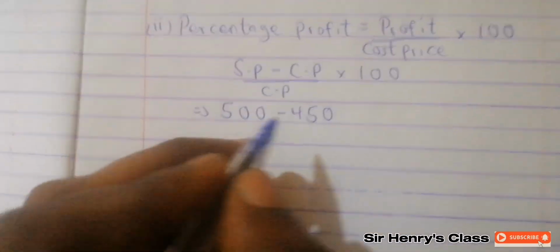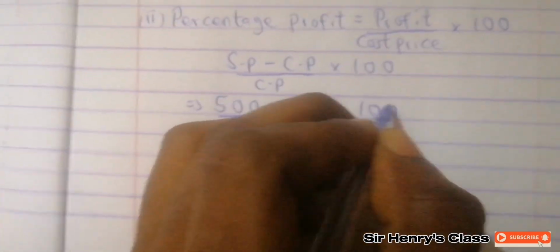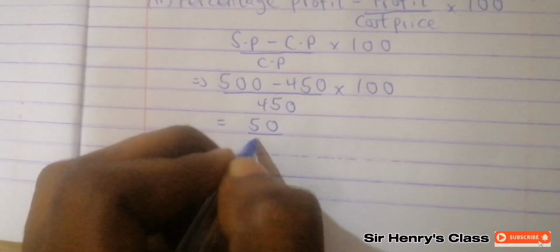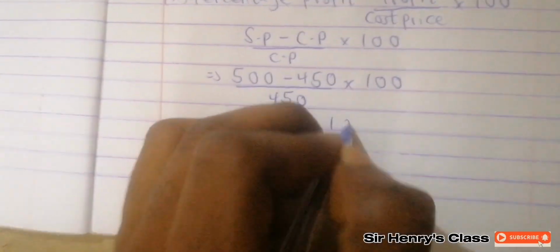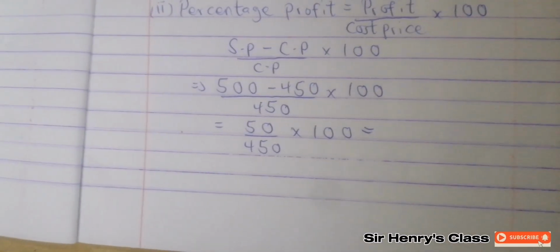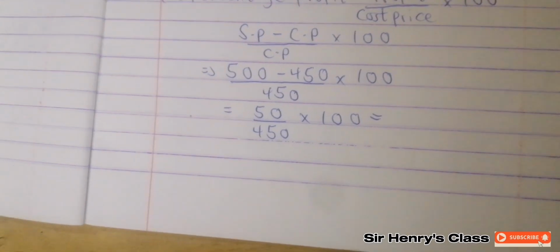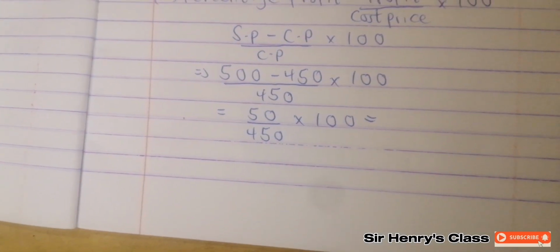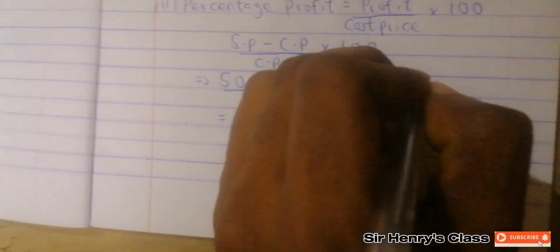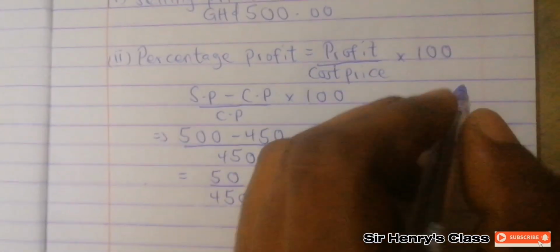So we'll divide this by the same cost price, which is 450 times 100. 500 minus 450 is 50 out of 450 times 100, and that will give us 11.11%. And we're rounding this to 2 decimal places.